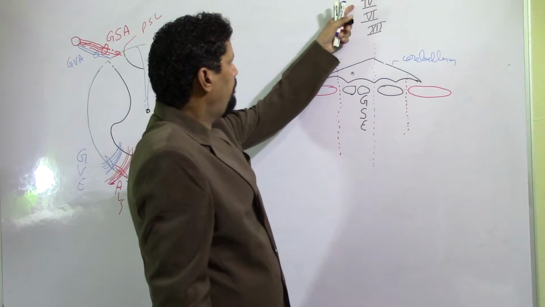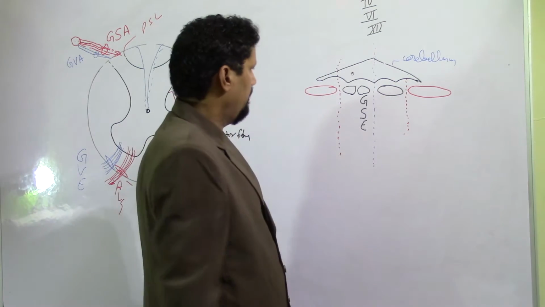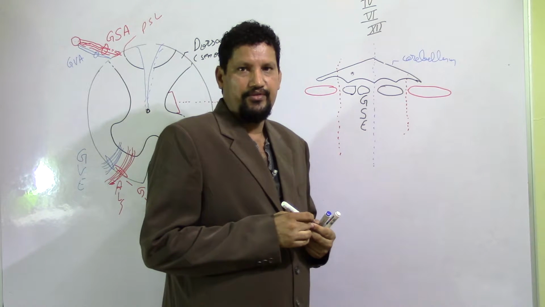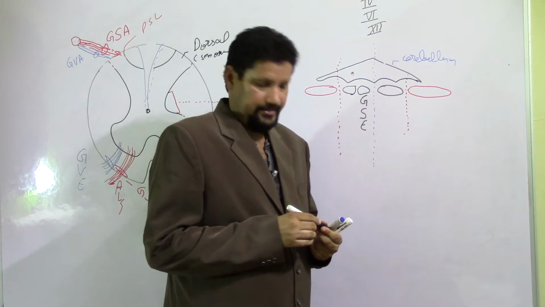So the third, fourth, sixth and 12th nerves have the functional component in the form of general somatic efferent.